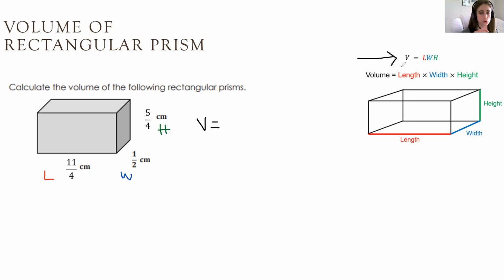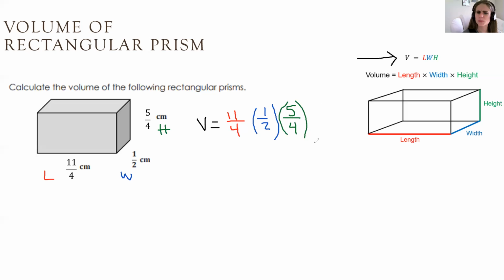We're going to substitute, plugging in those values for our length, width, and height. Our length is 11/4, times our width, which is 1/2, times our height, 5/4.